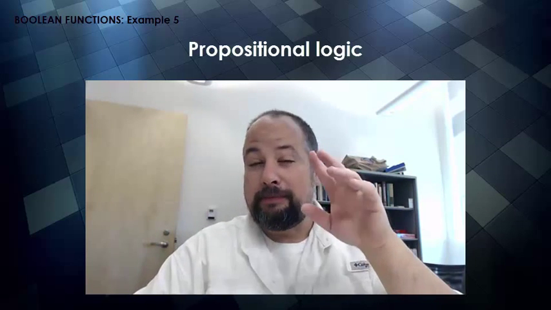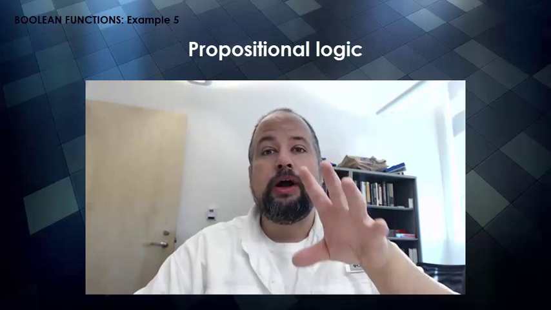Propositional statements have to be well defined, whereas when we speak in English, we use terms that are loosely defined. So it's not entirely clear what we mean. If we're thinking in a mathematical sense or a programming sense, we need to be 100% clear.